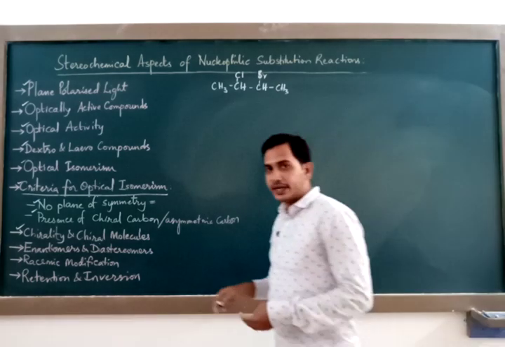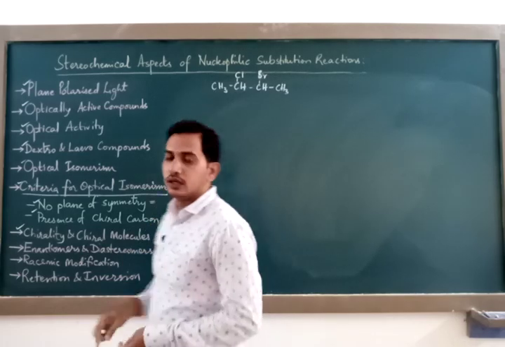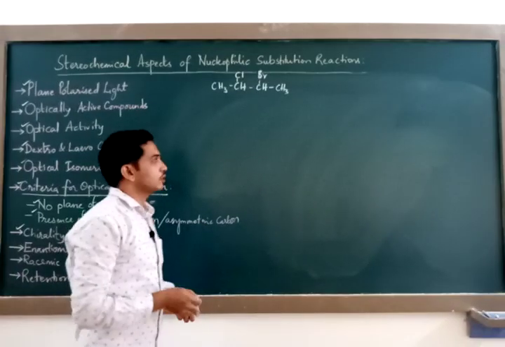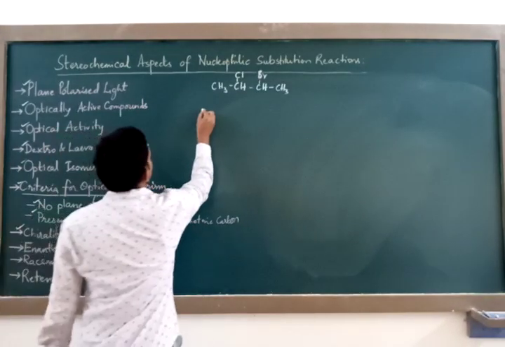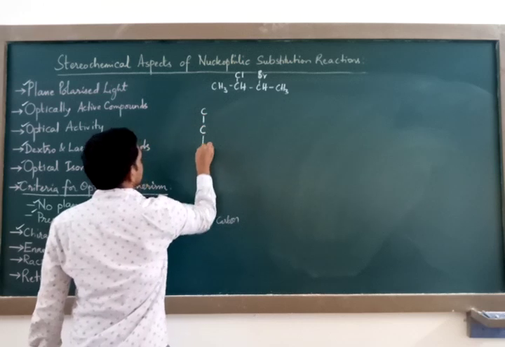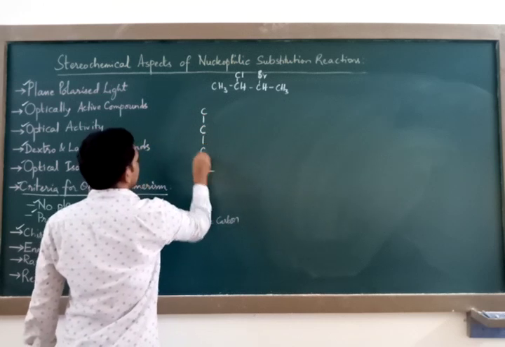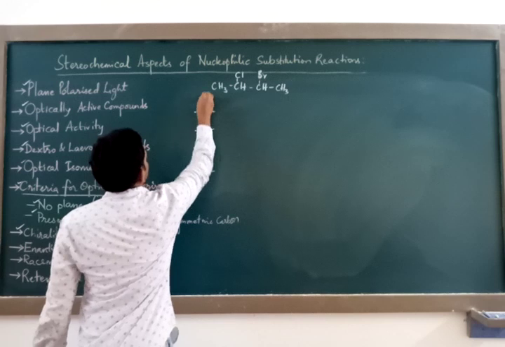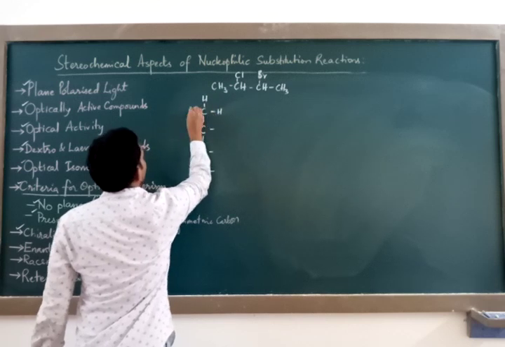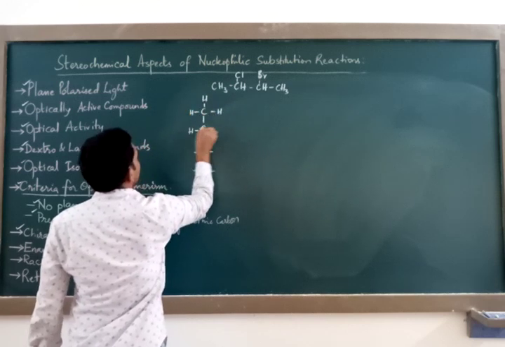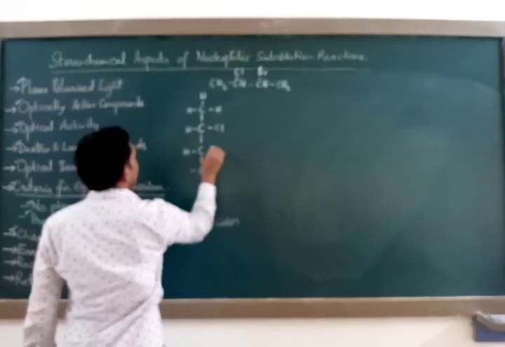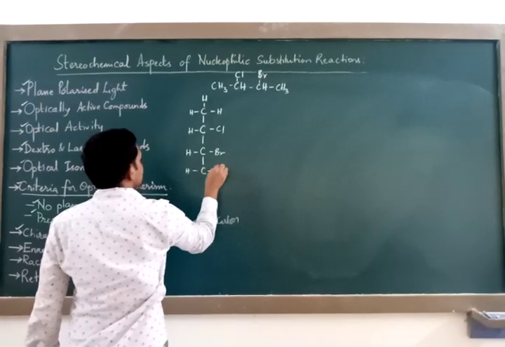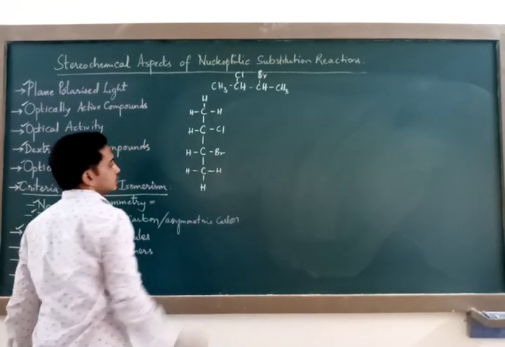If you are not able to identify in this condensed form, you can write it in its structural form. I will write the structural form. There are 4 carbons. The first carbon with 3 hydrogens, second with hydrogen and chlorine, third with hydrogen and bromine, last with again hydrogens.